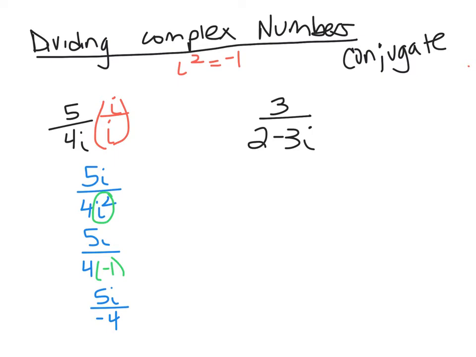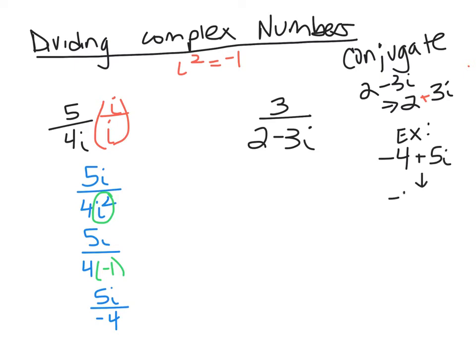So if I have, in this case, 2 minus 3i, my conjugate is going to be 2 plus 3i. The sign in front of your i term is going to change. So for example, if I had -4 plus 5i, my conjugate would be -4 minus 5i.